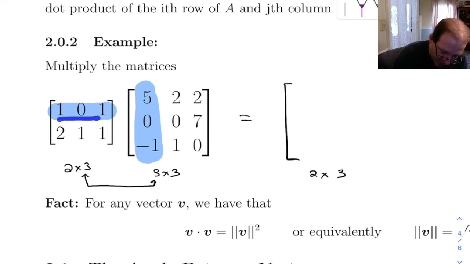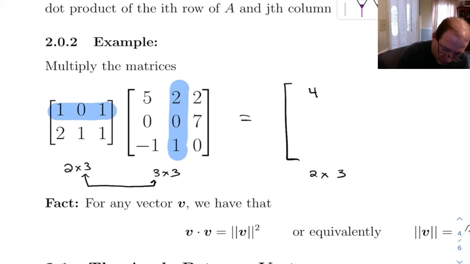So if I take the dot product of this and that, I get 5 plus 0 minus 1. If I take the dot product of these two, I get 2 plus 0 plus 1, which is 3. And if I take the dot product of these, I get 2 plus 0 plus 0.